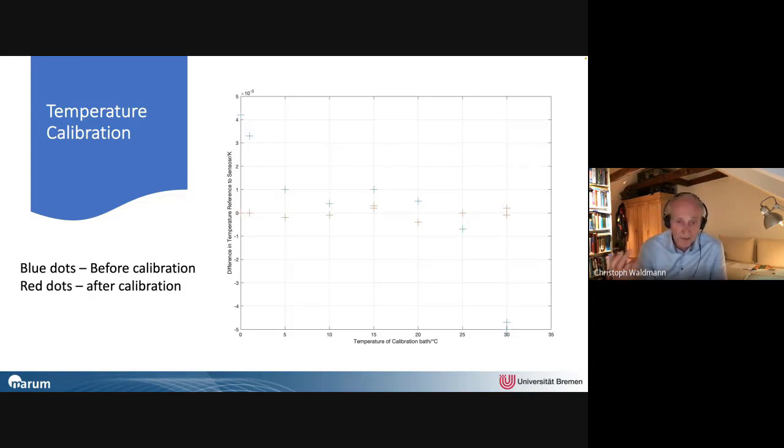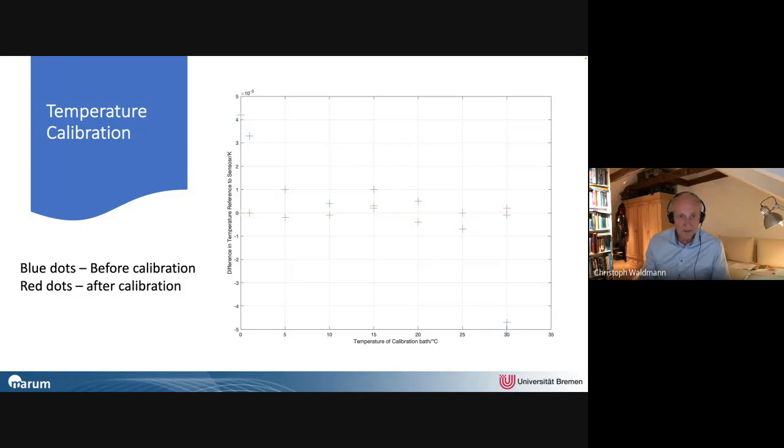And what you see on the y-axis is the difference between the reference temperature and the sensor temperature. And so blue dots is when the sensor came in, so it was calibrated with the old calibration coefficient, and the red dots is after the calibration, so when you adjusted the calibration coefficient.